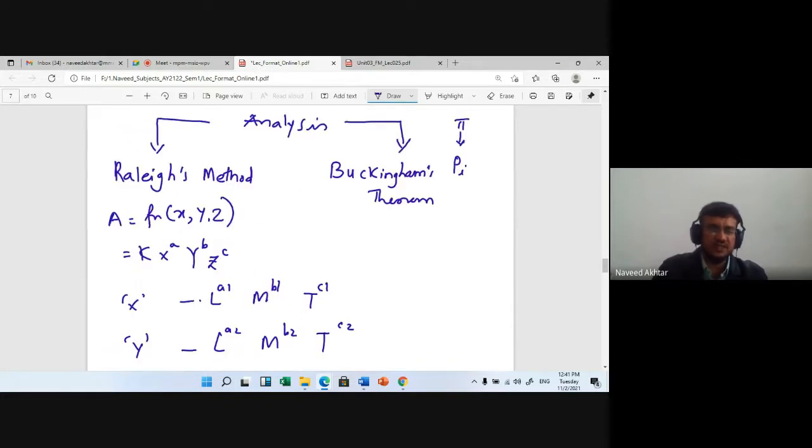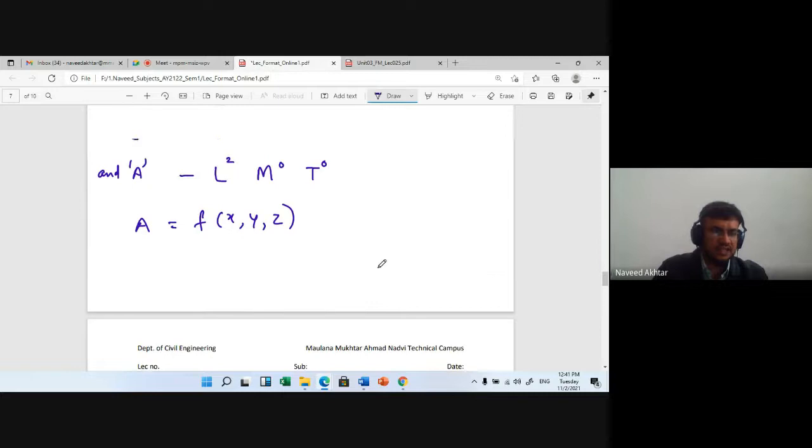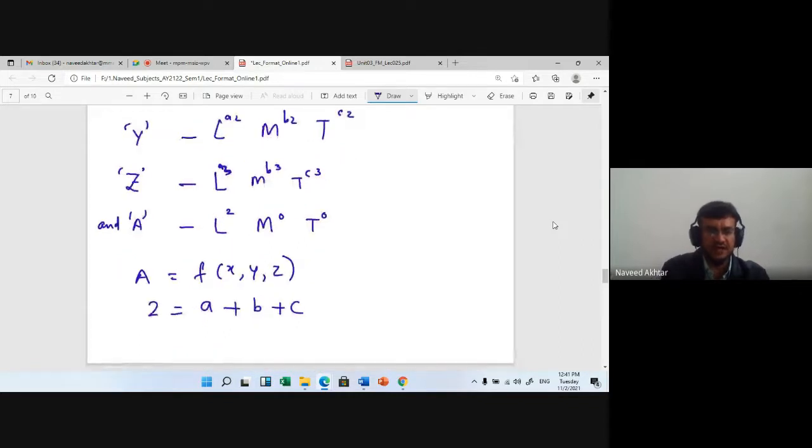In Rayleigh's method, for L you can write 2 equals a1 plus b1 plus c1, summing the exponent terms. Similarly, for M you can write 0 equals a2 plus b2 plus c2.